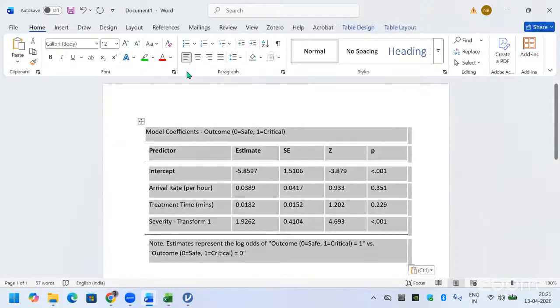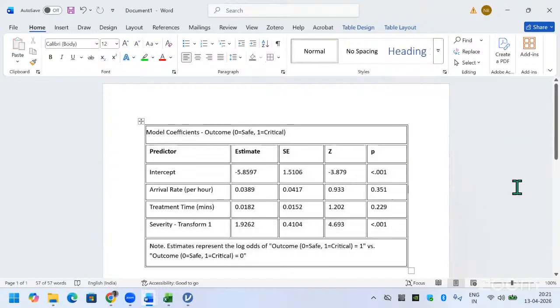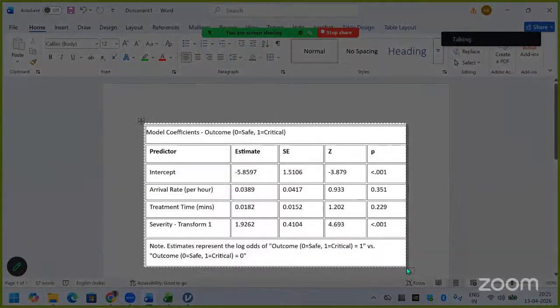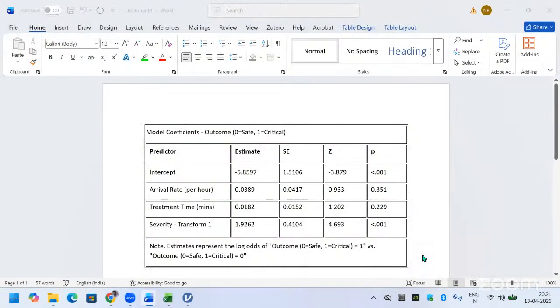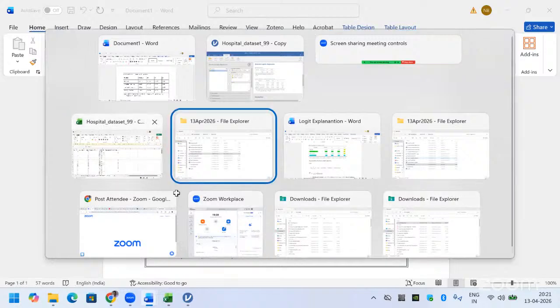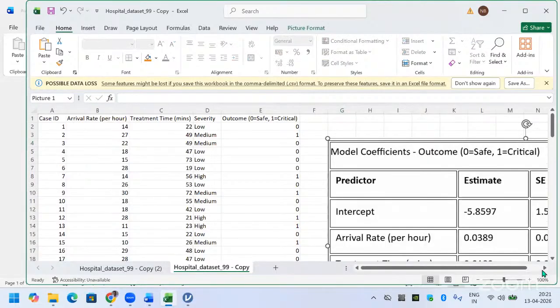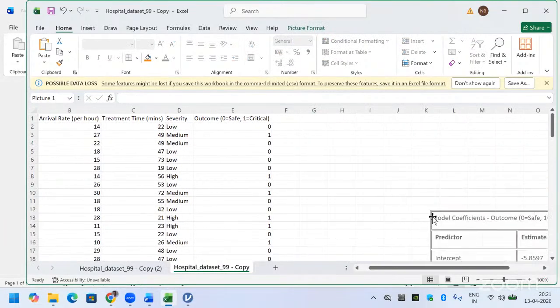Okay, so here I'm making this. I hope you can see my Excel screen, right?